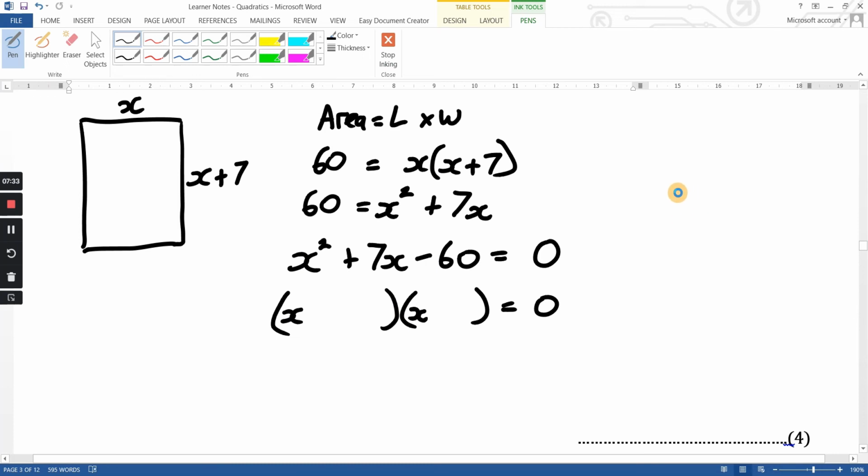So you need two numbers that multiply to give you minus 60 and at the same time give you positive 7. What's it going to be? 12 and 5, isn't it? 12 and 5, definitely. And one of them has to be negative, so it's going to be that.